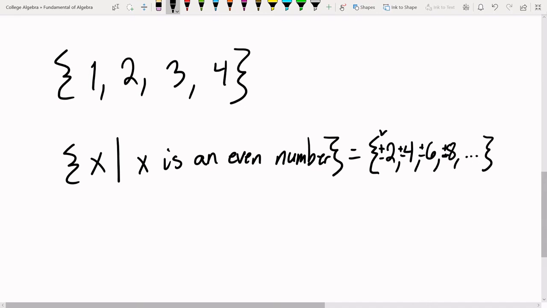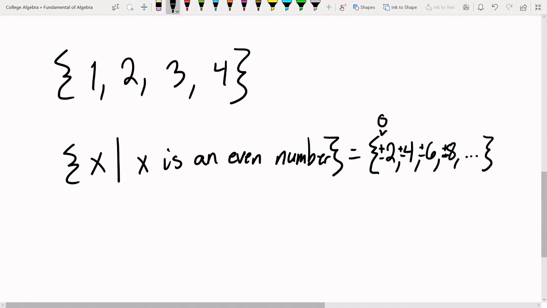And of course, 0 is also included, so we have to add 0 into there as well. So those are the kind of things. A set builder is a nice way of using English to make it simpler, but you're still using the mathematics. The last type of set is to just use English to say it.